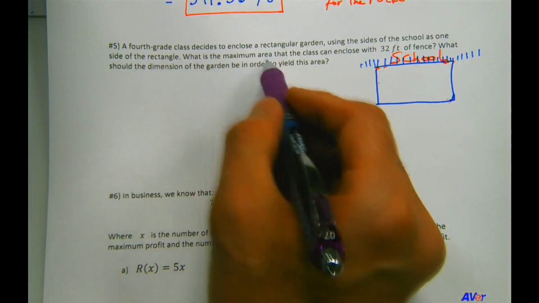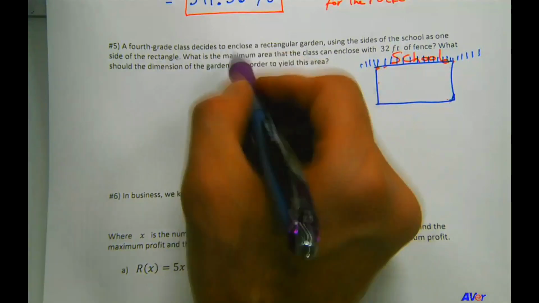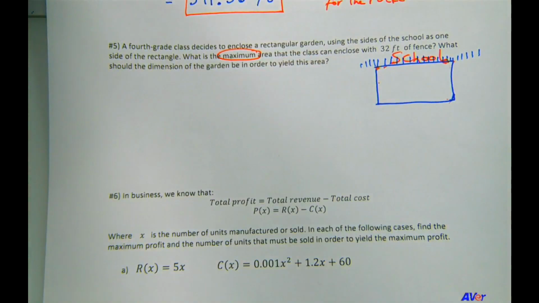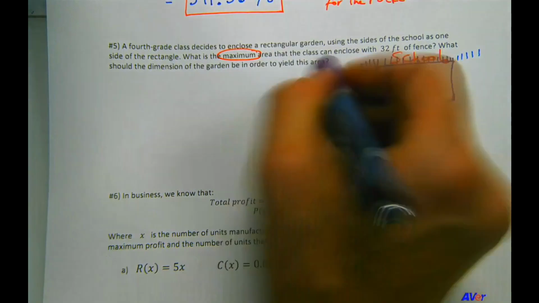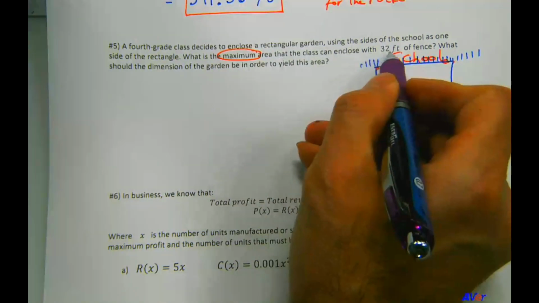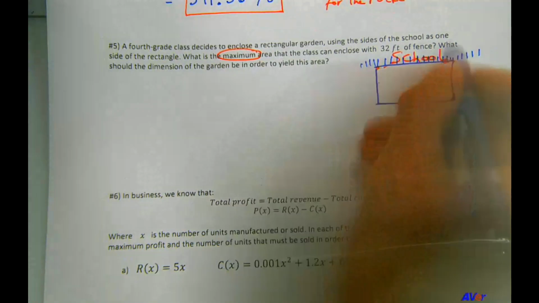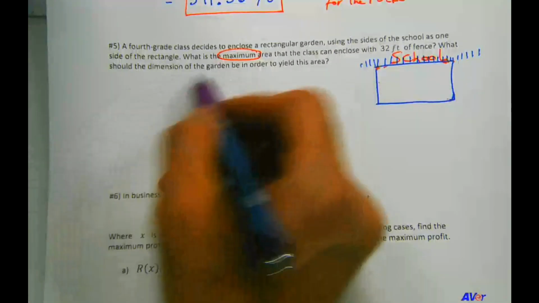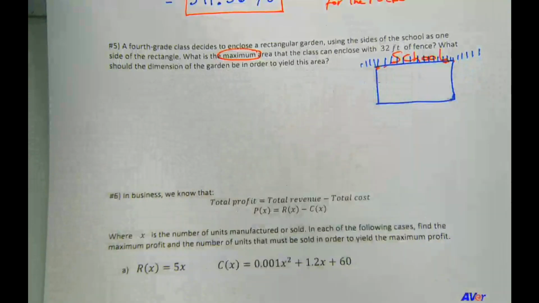What is the maximum area? So they want us to maximize the area, right? What is the maximum area that the class can enclose with 32 feet of fencing? What should the dimension of the garden be in order to yield this area?